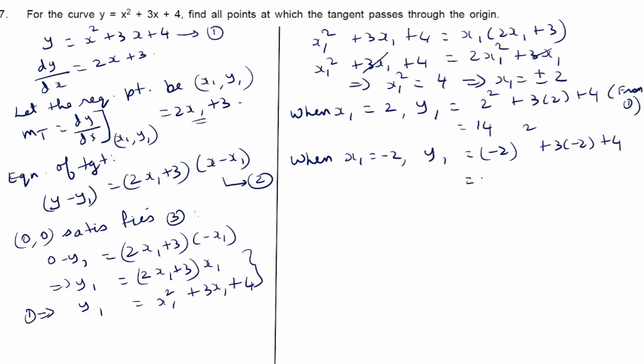So it is 2. So the 2 points are 2, 14 and minus 2, 2. Therefore, required points are 2, 14 and minus 2, 2.